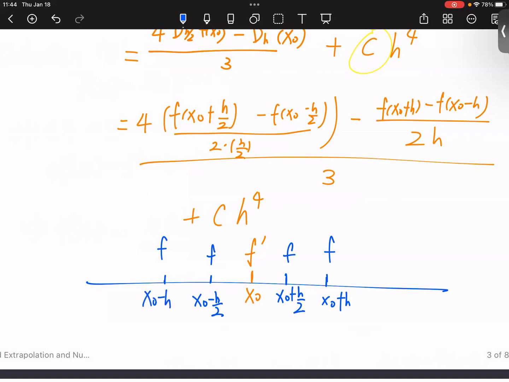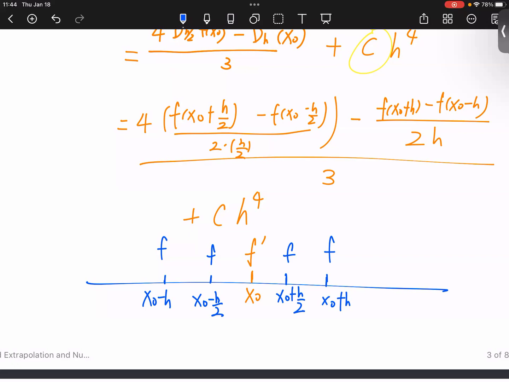Which means that if we want to get a 4th order accuracy approximation, we are using 4 data points from the f function. Does that make sense?